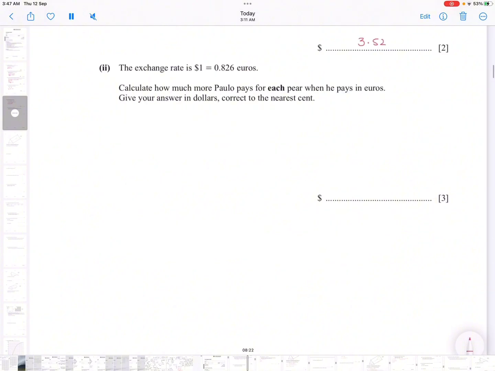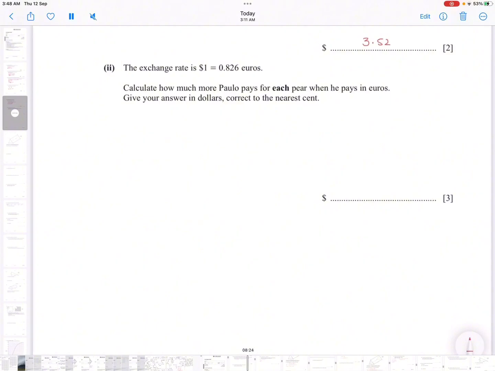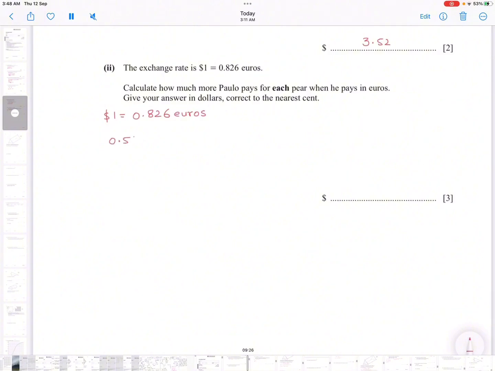The exchange rate is $1 is equal to 0.826 euros. Calculate how much more Paulo pays for each pear when he pays in euros. Give your answer in dollars, correct to the nearest cent. Alright, so $1 is 0.826 euros. So convert it into dollar. So 0.51 divided by 0.826.